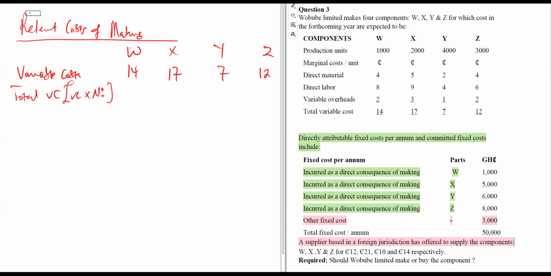This was 1,000 units, 2,000 units, 4,000 units, and then 3,000 units. So multiply and let's go. By now, you guys have got the gist. What's our total variable cost? 14,000.